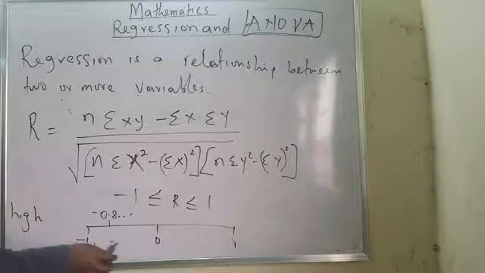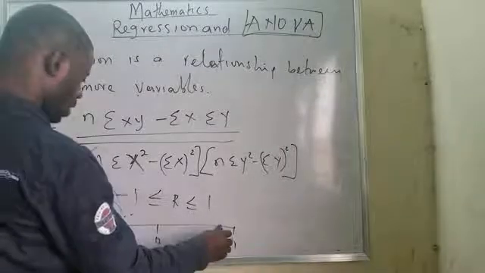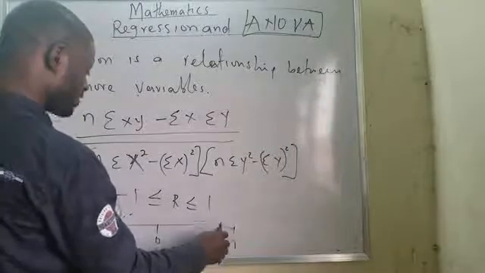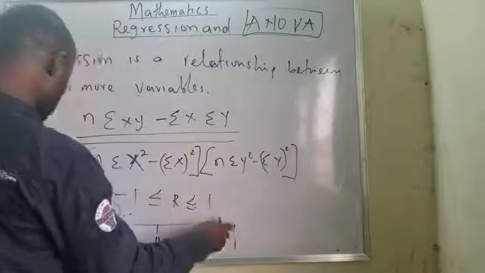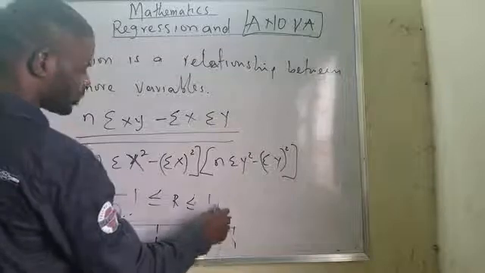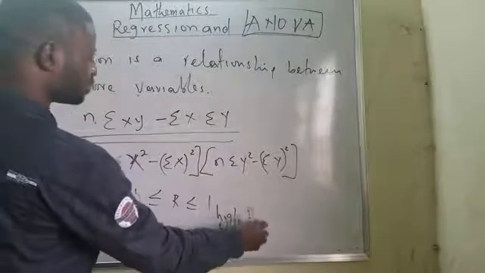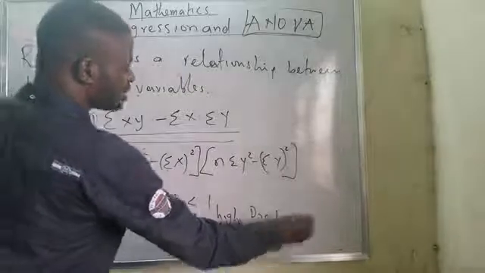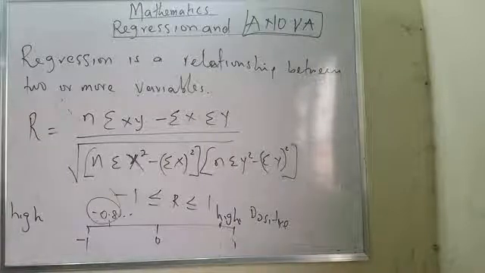If it is close to 1, which is a positive value, we call it highly positive. Take note of those things. They are very important. I can't explain everything, but I will try my best to get at least 60% of this across in this part.